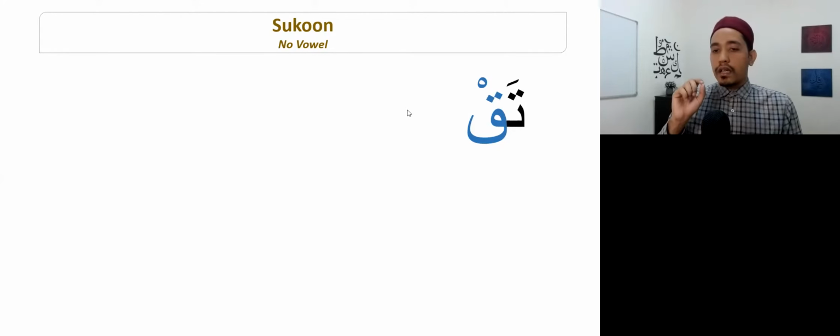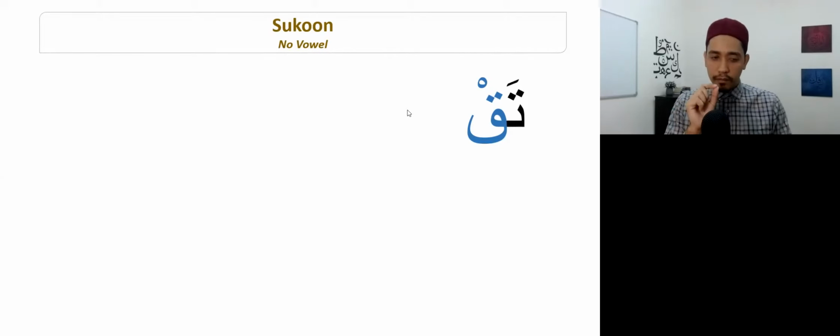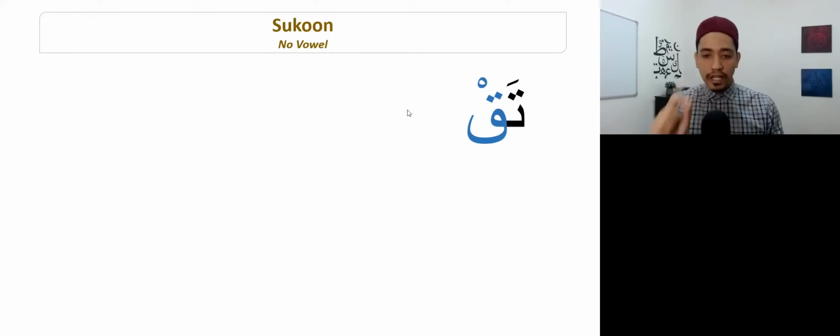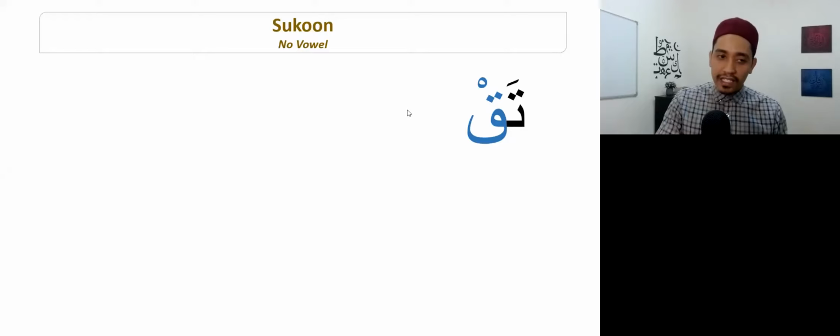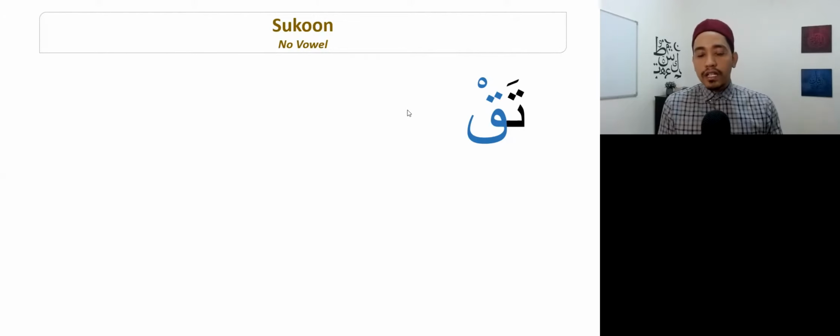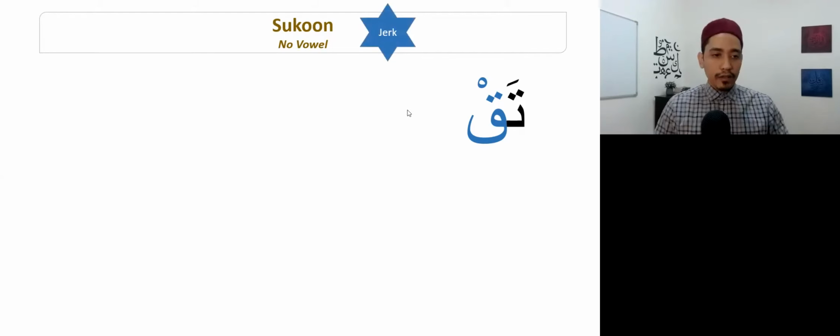Where I'm putting my tongue is like when you say qa, and you just stop there without saying the vowel. That position is where you need to put your tongue when you say the sukoon. So taq, but you will hear that you can't hear the letter clearly. This letter has a jerking sound when it has a sukoon.